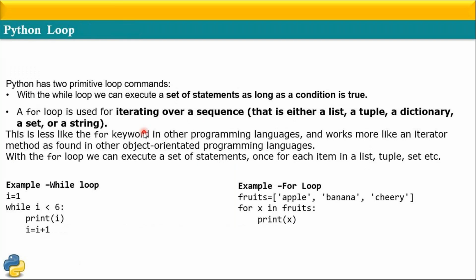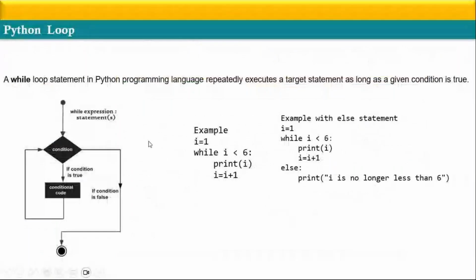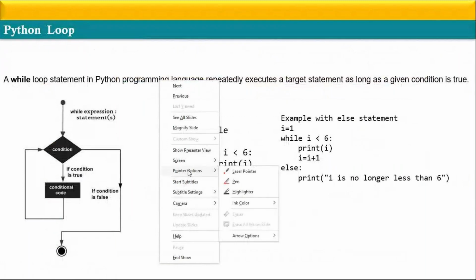Then the loop: iterating over a sequence is given by the for loop, and iterating with respect to a condition is given by the while loop. These are the two loops, and I just want to show you the flow chart or diagram.